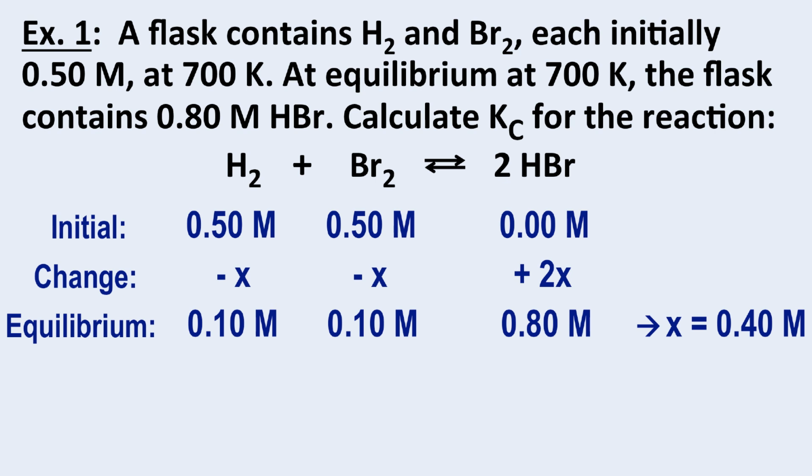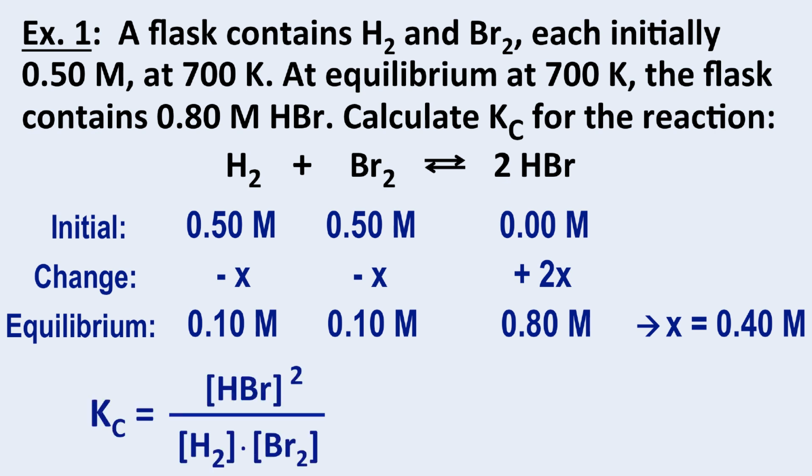We now know the concentrations of each substance at equilibrium. And if we remember that the equilibrium constant expression, K sub C, is HBr squared, so the products, or the substances on the right, with that concentration raised to the coefficient, in this case 2, and then divided by the product of the reactants, or the substances on the left, and those are H2 as well as Br2, and each is to the first power because their coefficients are 1.